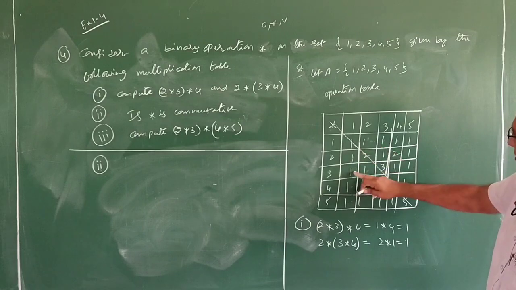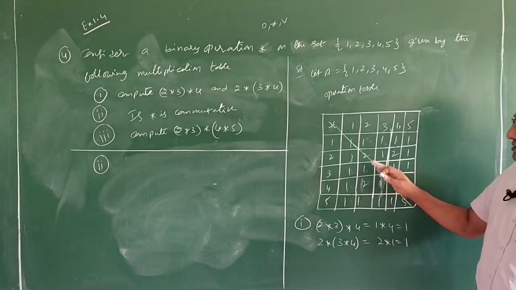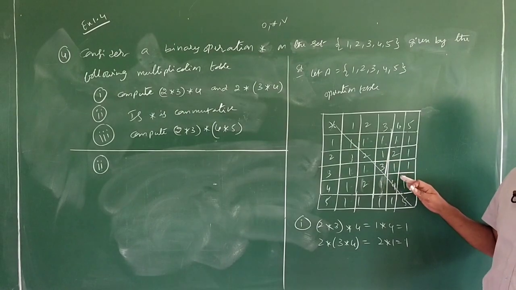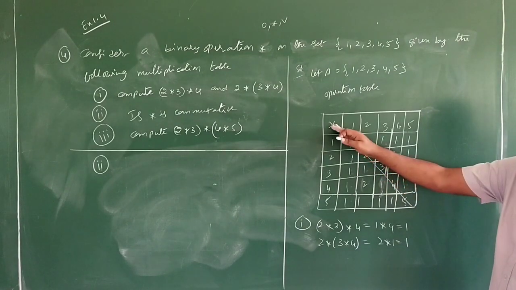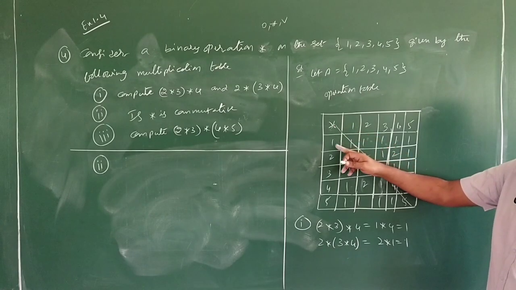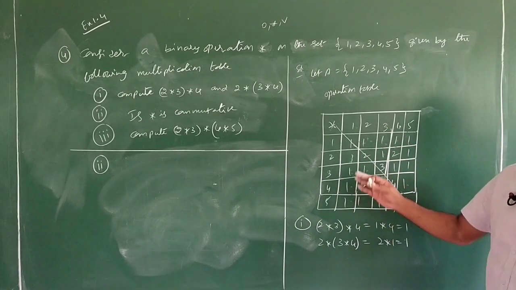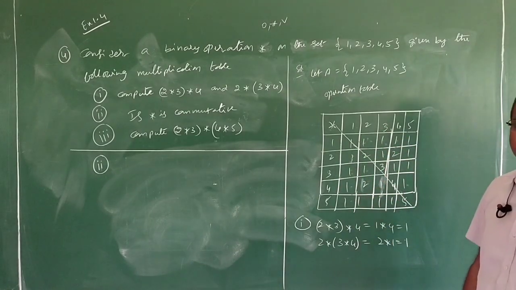If these elements are the same, then we say that the elements are symmetric about the principal diagonal.